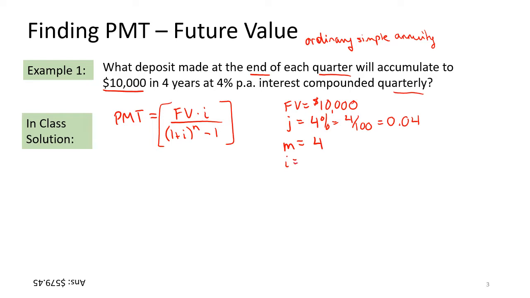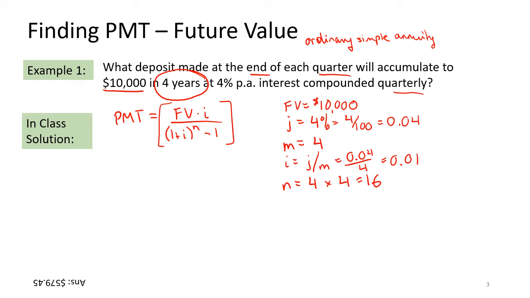So your periodic interest rate, i, is equal to j divided by m, or 0.04 divided by 4, which gives you 0.01. Your last item is your number of payment periods, n. In this instance, it's 4 years, and it's quarterly, so you make 4 payments a year. In total, you're going to make 16 payments towards this annuity.